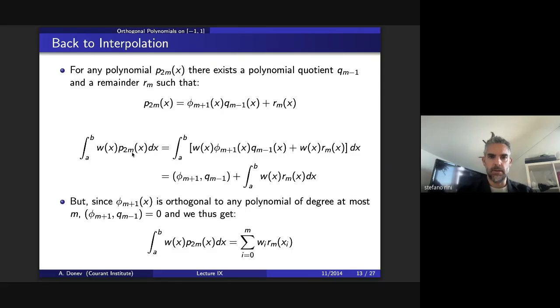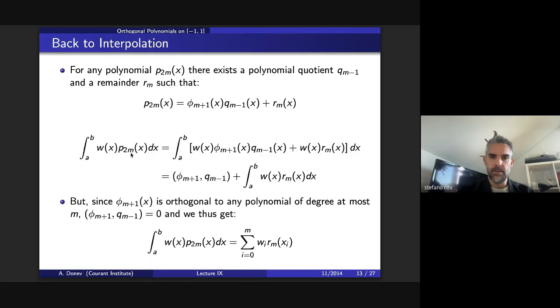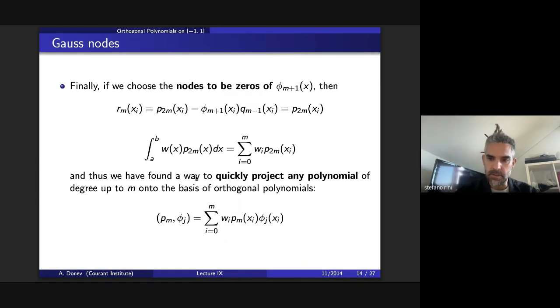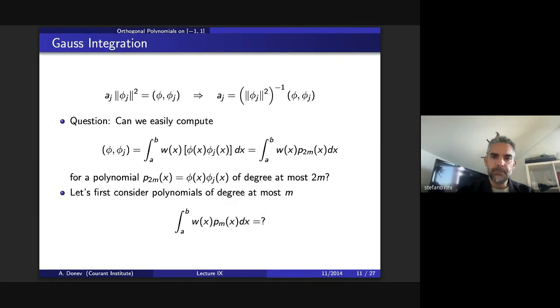This is the integration we were trying to do before.